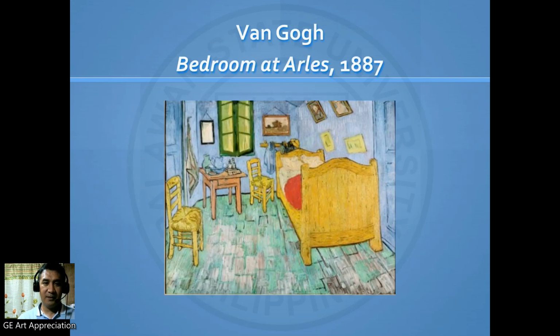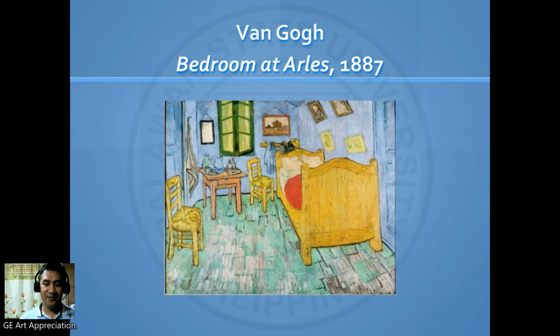Like here, the painting of Van Gogh, The Bedroom at Arles in 1887. It says in the story that his bedsheet is red. In psychology, if your bedsheet is red, it attracts sexual pleasure.